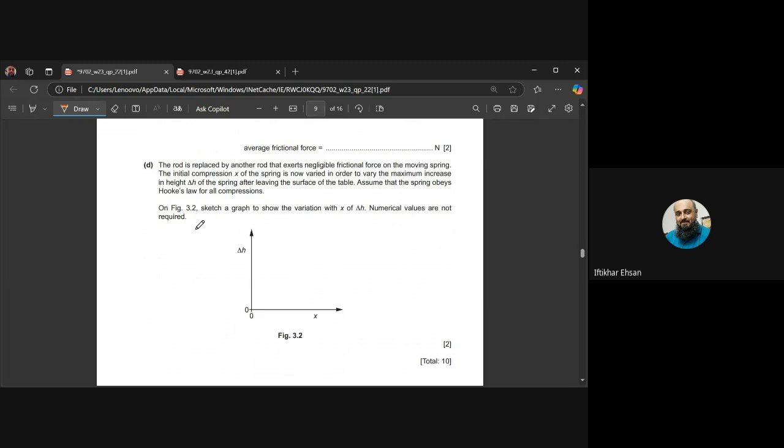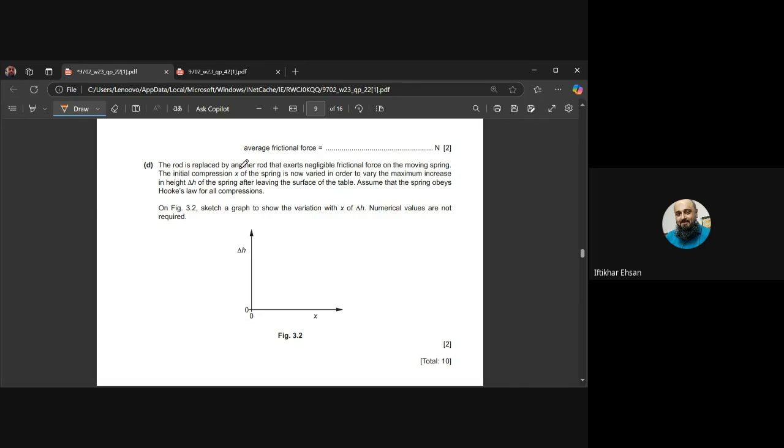The road is replaced by another road that exerts negligible friction. No friction. The initial compression x of the spring is now varied in order to vary the maximum increase in height. Assume that the spring obeys Hooke's law for all compression. Sketch a graph to show the variation with x.